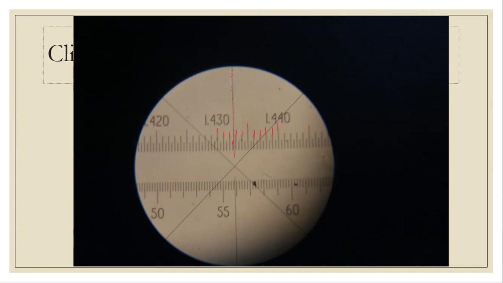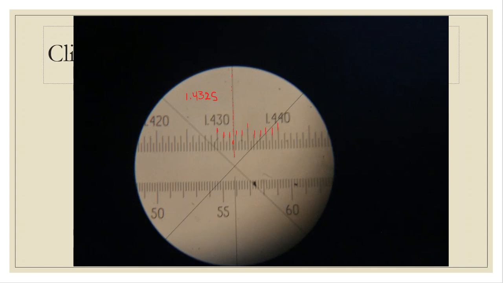So the way that we would read that number is 1.43, and again, that's 430, 431, 432, and this is halfway to 433. So that is 1.4325. Each one of those lines are in 0.0005 increments, and that is how we would read the refractive index number, or the meter.